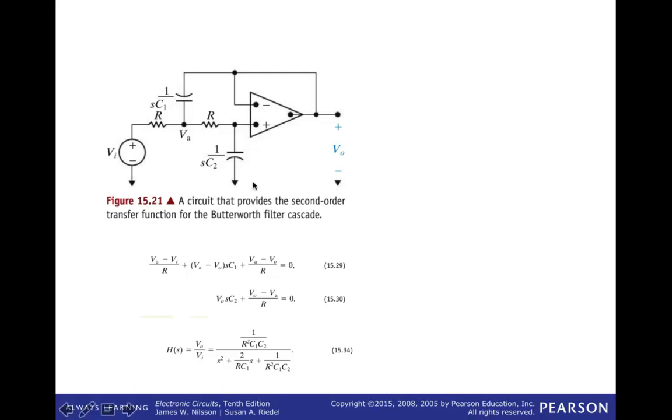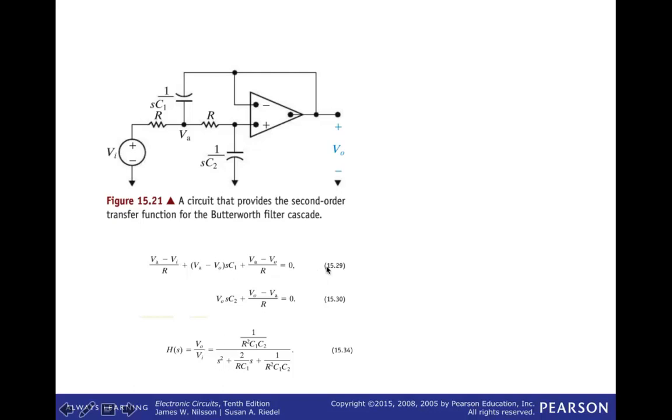So in the Butterworth filter, we're typically going to set our values of R equal to 1, but then the Butterworth filter equation is going to fix values for C1 and C2. So in this circuit, for the prototype circuit, C1 and C2 are not 1, but rather determined by the filter polynomial, which I'll talk more about in just a little bit.